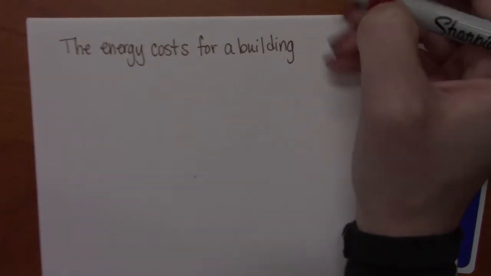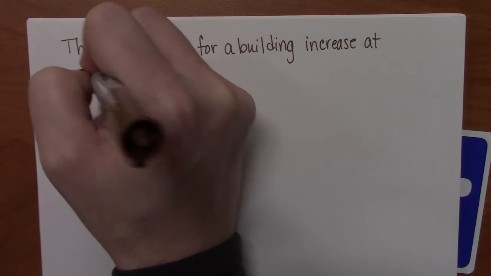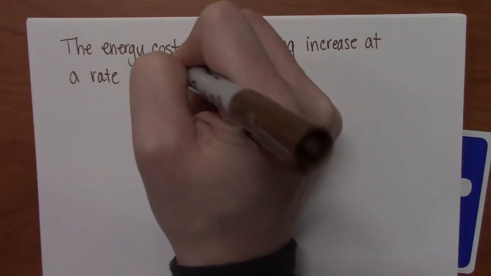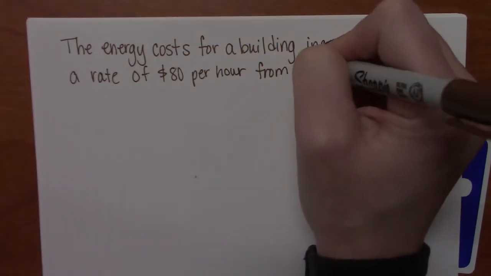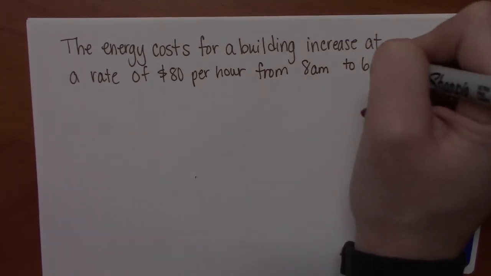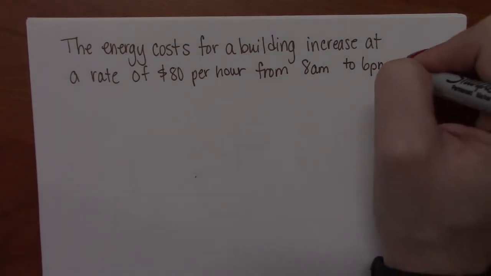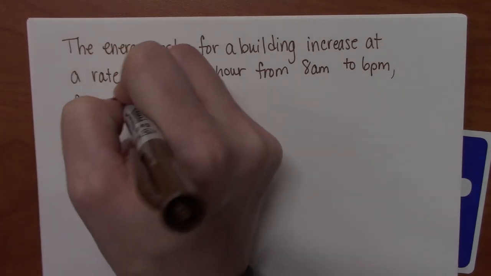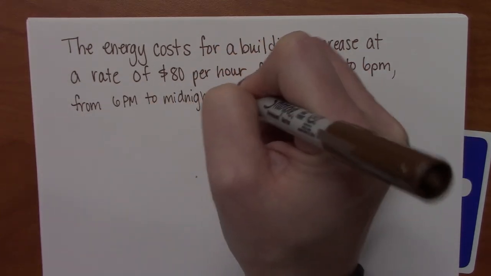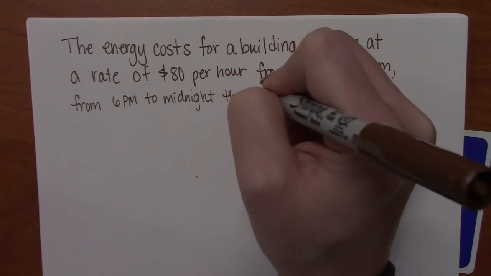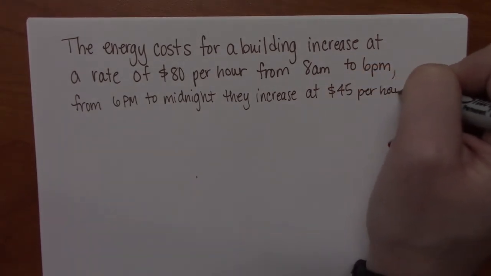So the energy cost for a building increases at a rate of $80 per hour from 8 a.m. to 6 p.m. From 6 p.m. to midnight, they increase at $45 per hour.